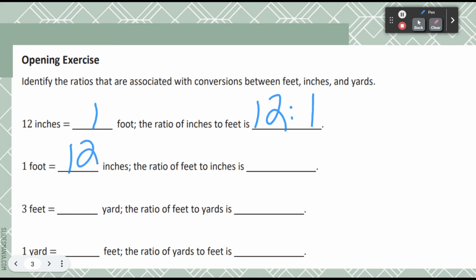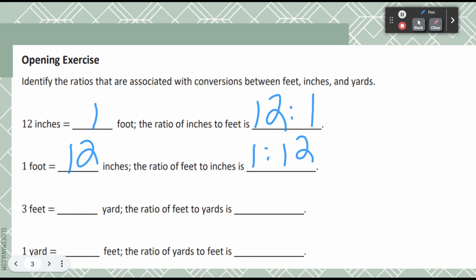So the ratio of feet to inches is 1 to 12. So this is the same information. All we're doing is switching the order based on which piece of information we gave first. 12 to 1 is inches to feet, and 1 to 12 is feet to inches.